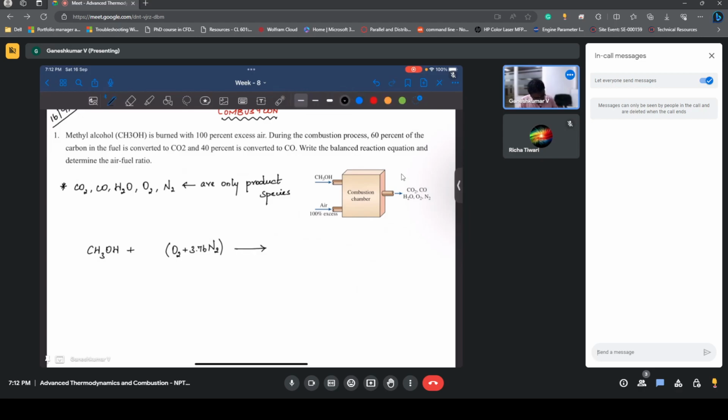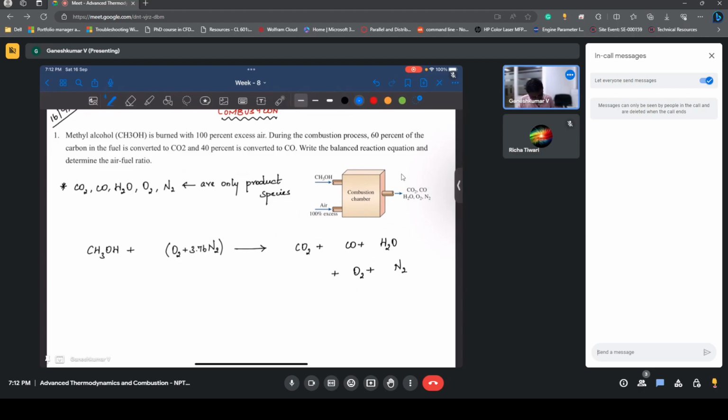Now this is going to give certain products which we already know: CO2, CO, and H2O, plus the excess O2 and N2. Now, how do we balance this equation? We said 100% excess, but we don't know the right amount, and only when we know the right amount can we find the excess amount.